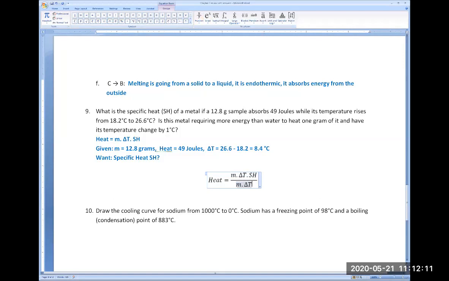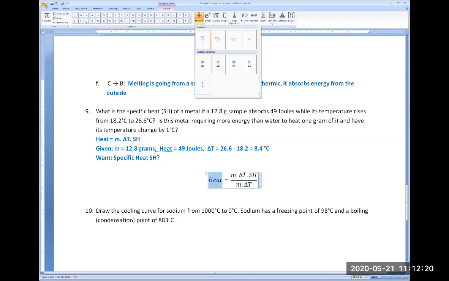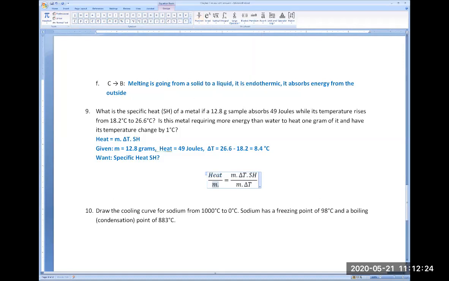By doing this, you will get rid of M delta T and have just SH. So if you do that on the right side of the equality sign, you need to do that on the left side so that it's still equal. And so that means we have heat over M delta T equals SH. Now on the right side, you have SH by itself. So that's the formula we will use.